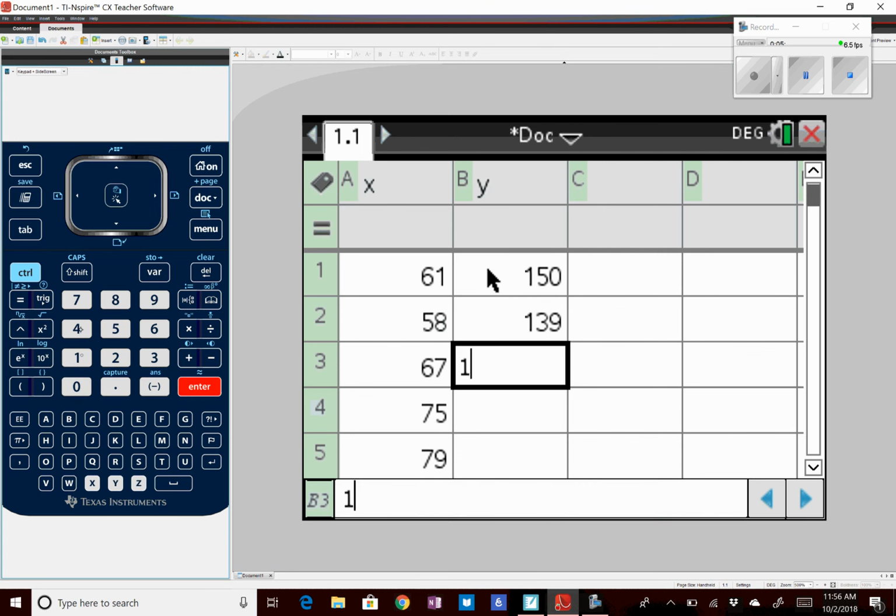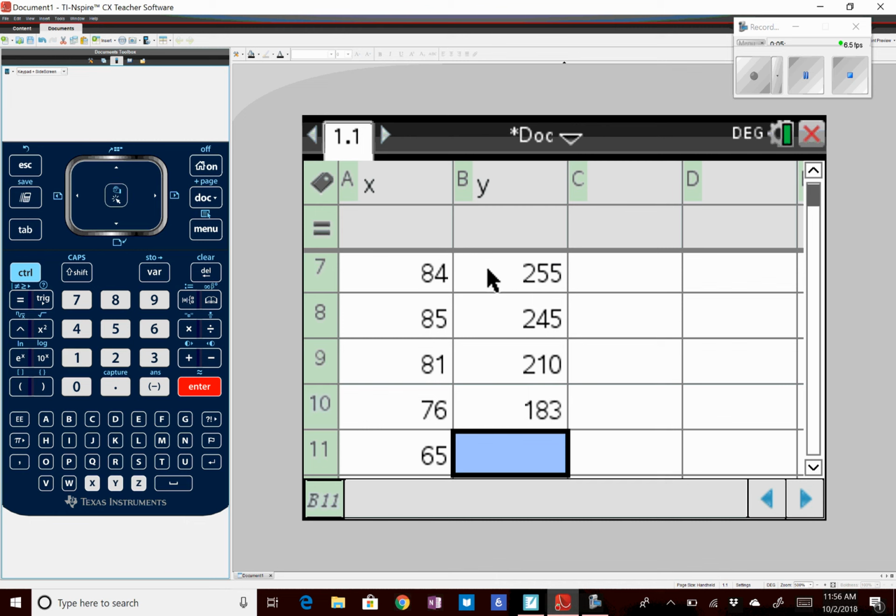April 205, May 170, June 234, July 255, August 245, September 210, October 183, November 132, and December 110. Always make sure you hit enter after that very last one, and then go back and make sure that everything is entered correctly.